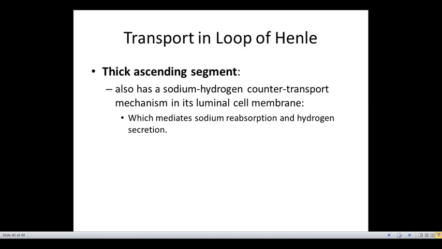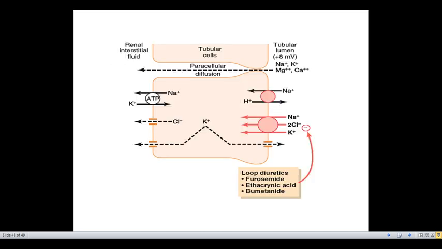Now let's revise these processes in this figure. This is a very important figure showing mechanisms of sodium chloride and potassium transport in the thick ascending loop of Henle.